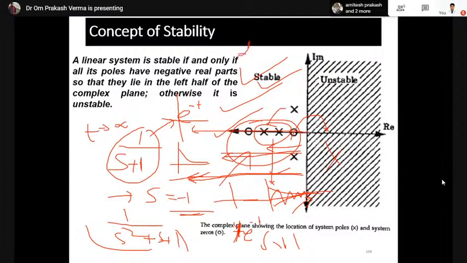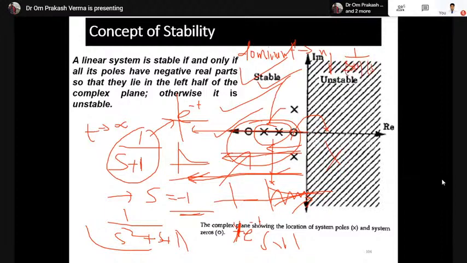One concept written in the book is the dominant pole. The dominant pole concept is written in the Nagrath and M. Gopal book, and one question was already asked in the GATE examination, something like 1 upon s plus 1 and s plus 1 upon s plus 100.